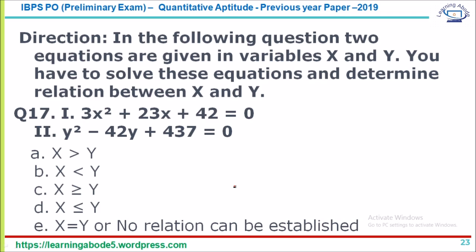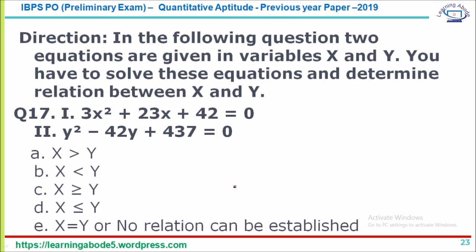Now question number 17 is a quantitative comparison based question wherein you have two equations. We have to find the value of x and y, so we have to consider both the equations.